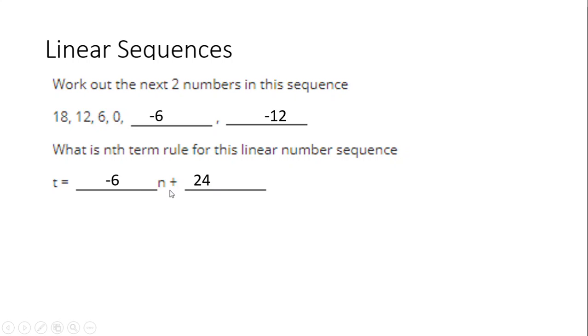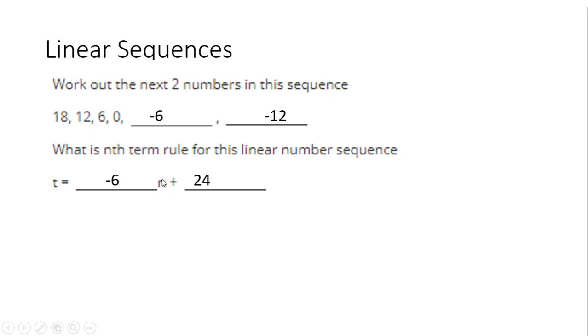Okay, try that out with a couple of these values. When n is equal to 1, negative 6 times 1 is negative 6, plus 24 does give you the first term. Term number 1 is 18. When n is 2, do negative 6 times 2, that's negative 12. Negative 12 plus 24, that does give you the second term, 12. That's term number 2.